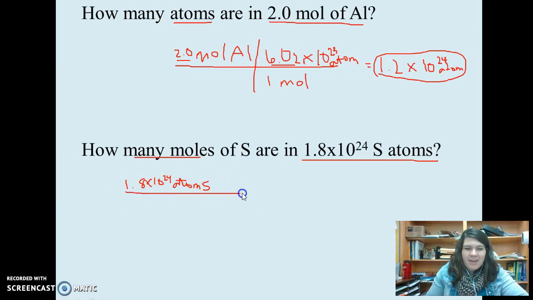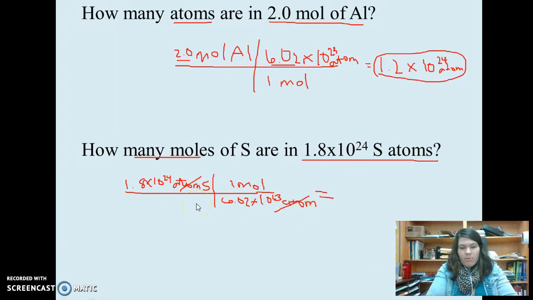It is a good habit to write what your element is. Now atoms are on top, so they have to go on the bottom: 6.02 times 10 to the 23rd atoms on the bottom, and then 1 mole goes on top. Your atoms are going to cancel.